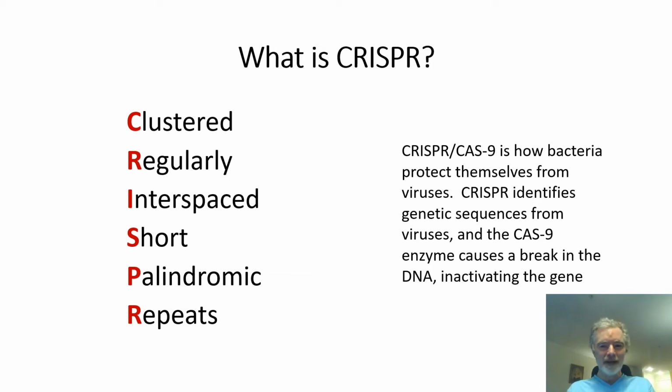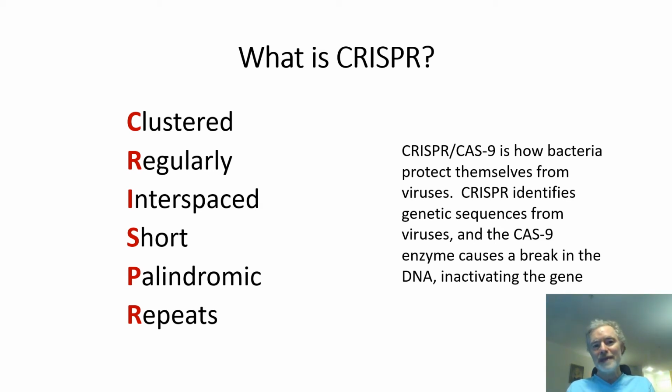That isn't terribly enlightening. But the reason that CRISPR, it turns out it exists in the natural world. And what it actually is, is the way that bacteria protect themselves from viruses.